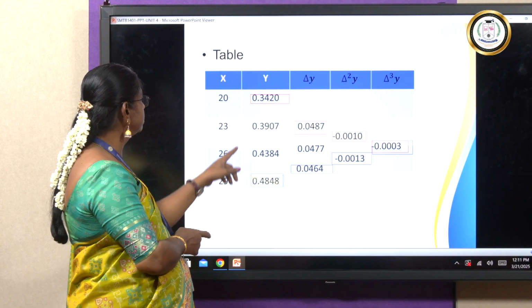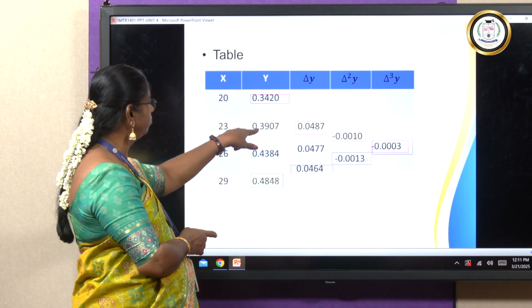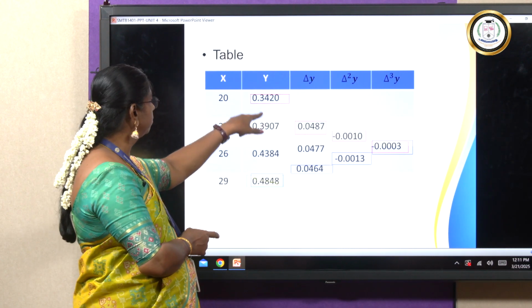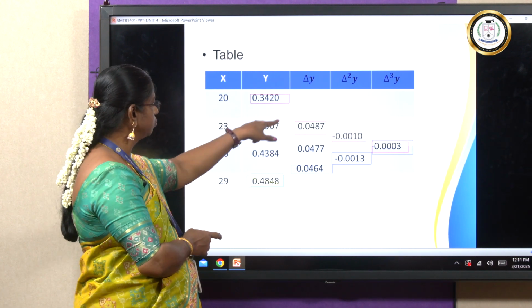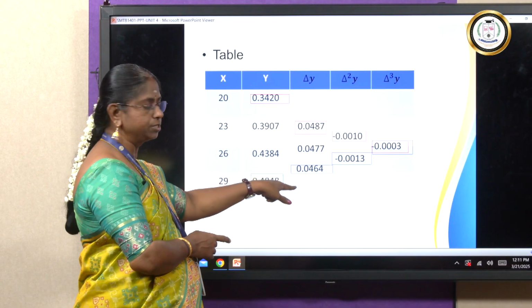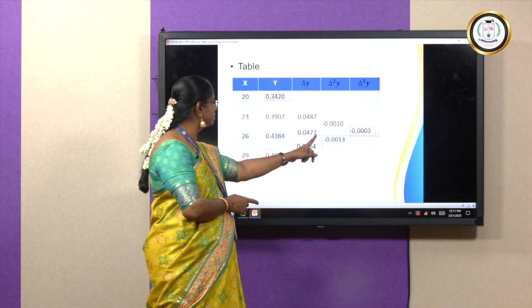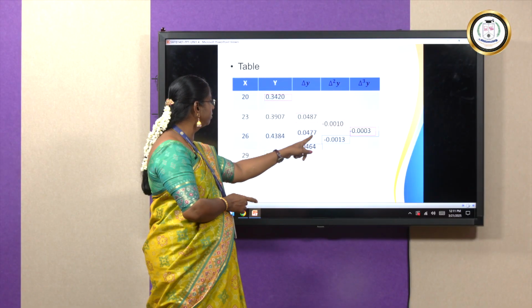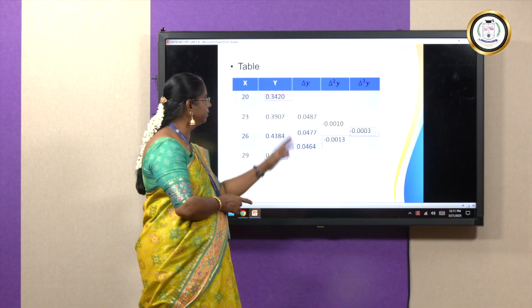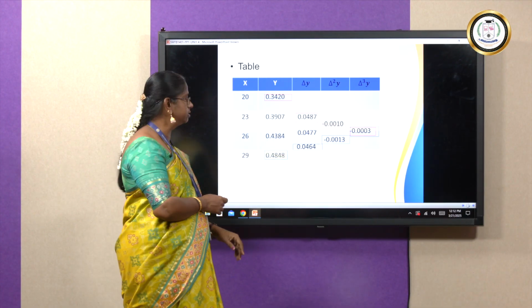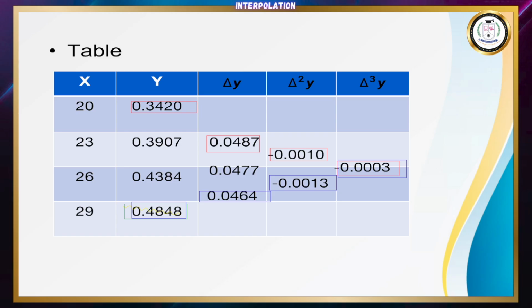The first difference is what? The difference between 0.3907 and 0.3420. Like this I have done the first difference, and the second difference is what? 0.0477 minus this. So I will get the second difference, then the third difference. So it is my y naught, delta y naught, delta square y naught, and delta cube y naught.